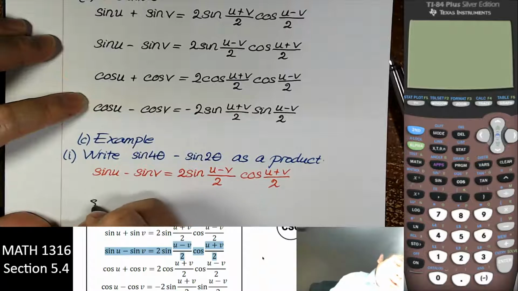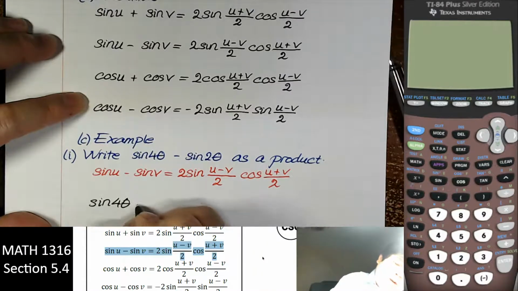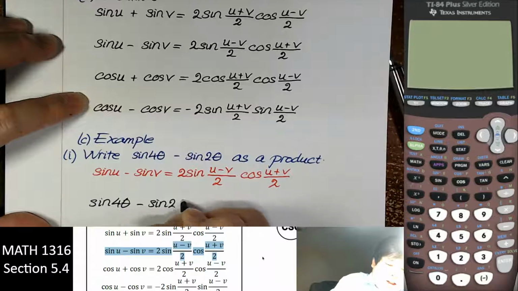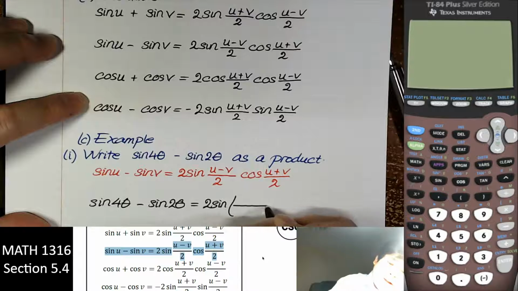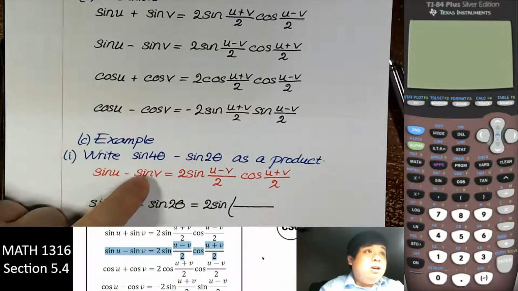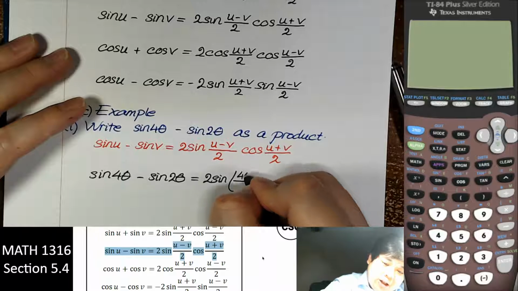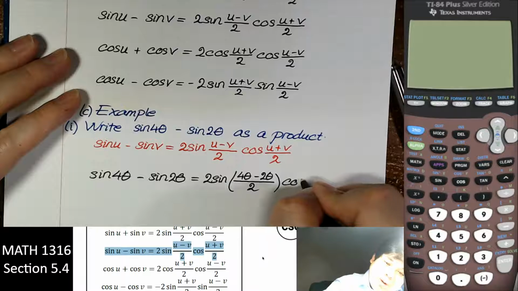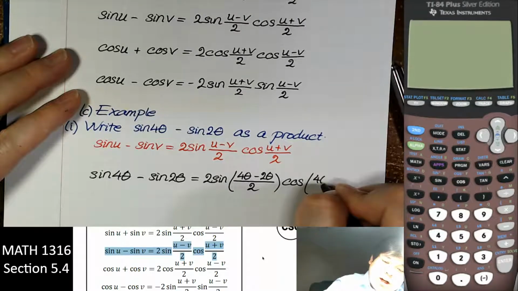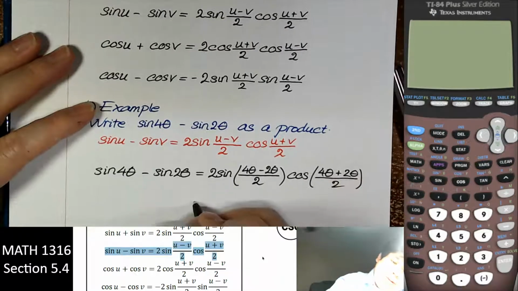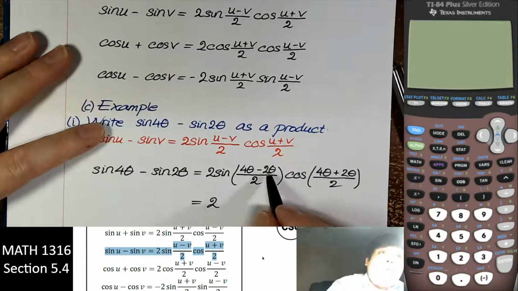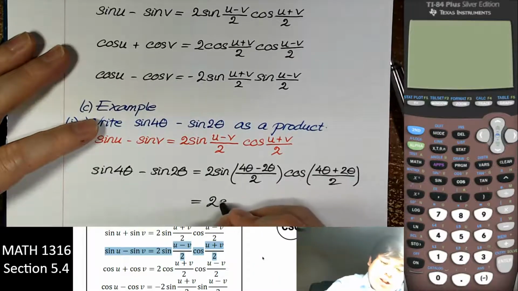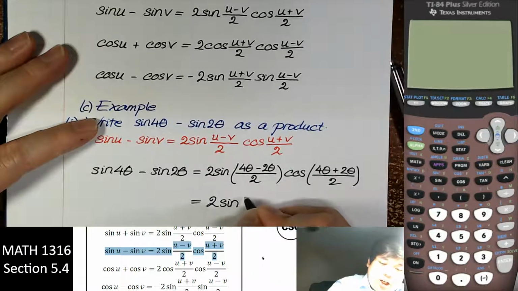Sine 4 theta minus sine of 2 theta: u is 4 theta, v is 2 theta, so sine of 4 theta minus 2 theta over 2, and then cosine of 4 theta plus 2 theta divided by 2. 4 minus 2 is 2 theta, 2 theta divided by 2.